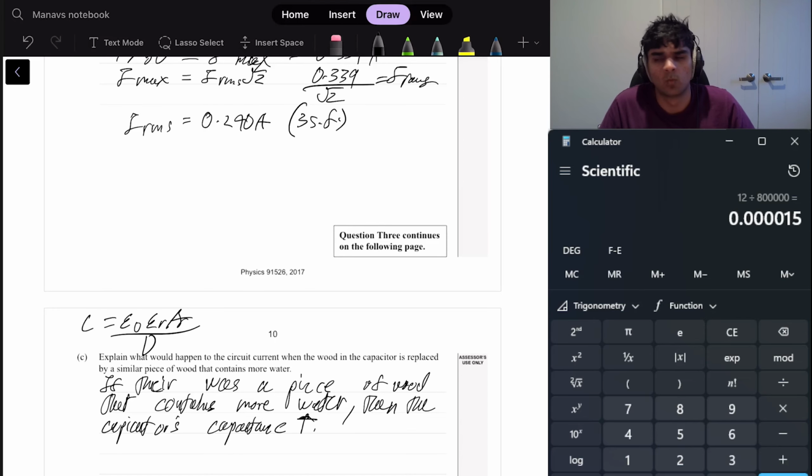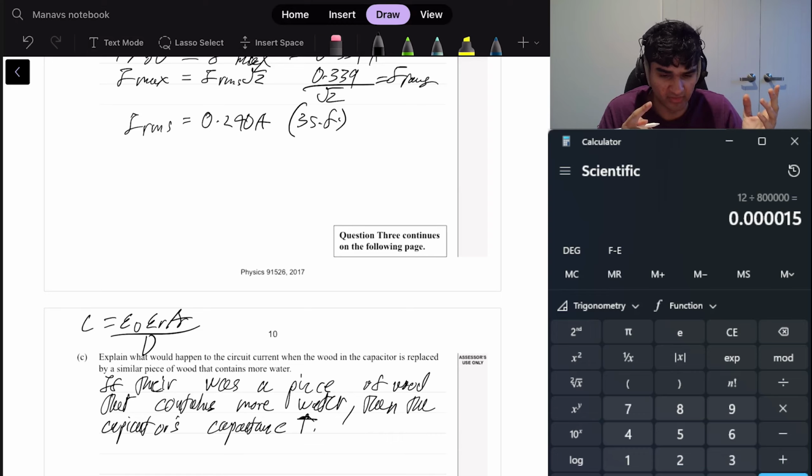This is actually a good question, because I don't know what would happen. Impedance would increase. I don't think circuit current would change. No, I don't think circuit current will change, because circuit current is in phase with the resistor.